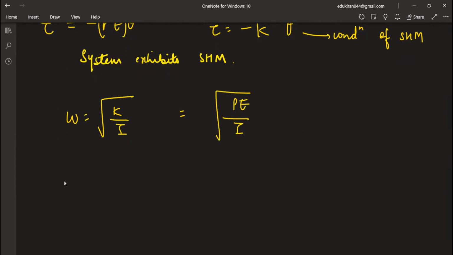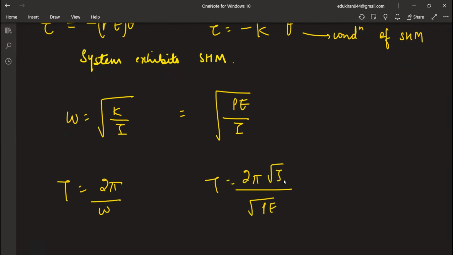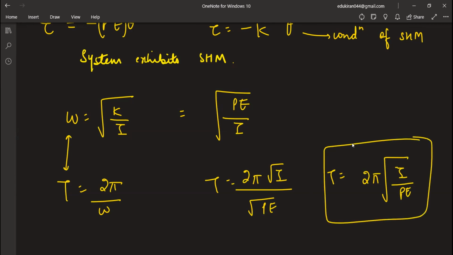So this is omega squared, and omega is root of PE by I. Time period will be 2 pi by omega, so T is 2 pi under root I by PE. Omega is the angular frequency and this is the time period. Just remember these two relations. T is 2 pi under root I by PE. This is the time period which you had to calculate.